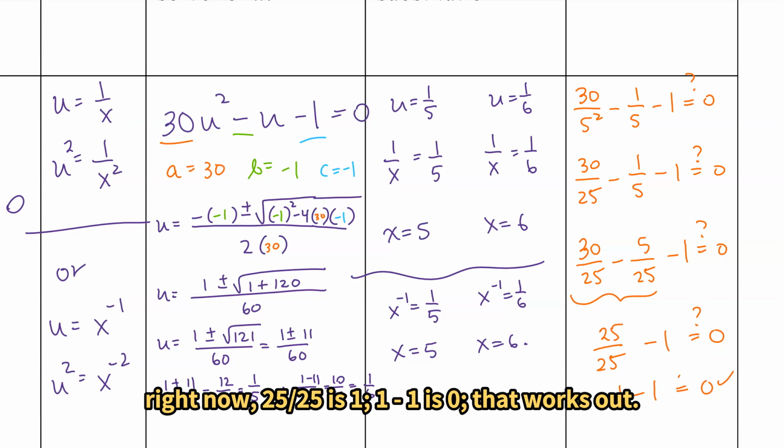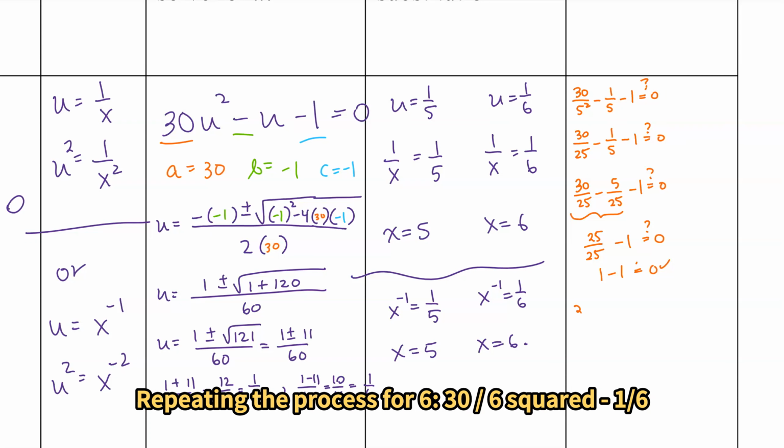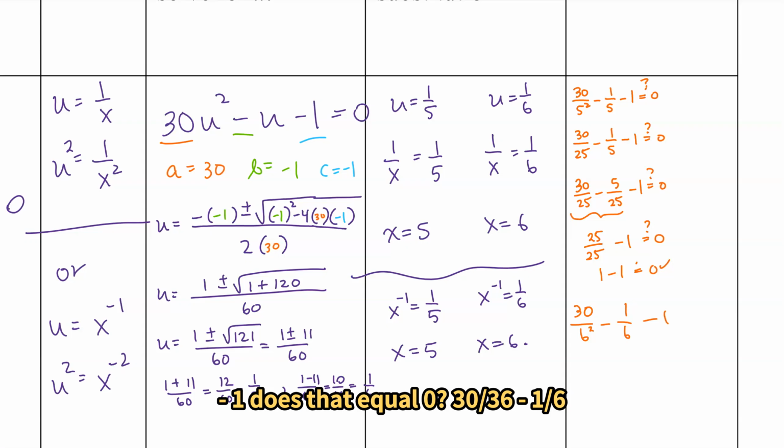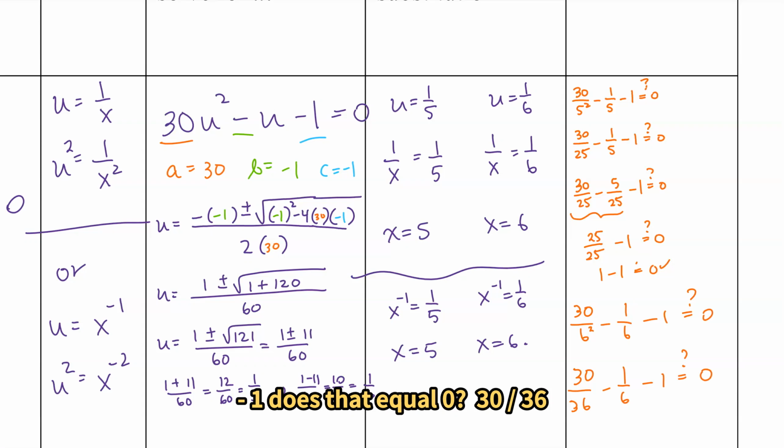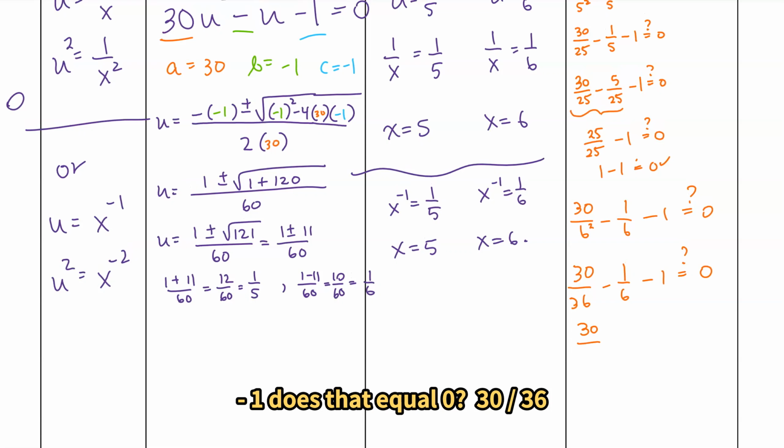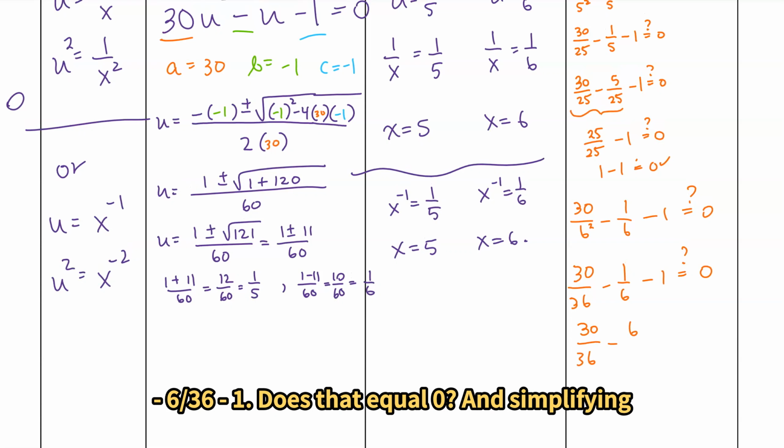That works out. Repeating the process for 6. 30 over 6 squared minus 1/6 minus 1. Does that equal 0? 30 over 36 minus 1/6 minus 1. Does that equal 0? I'll scoot this up just a little bit. 30 over 36 minus 6 over 36 minus 1.